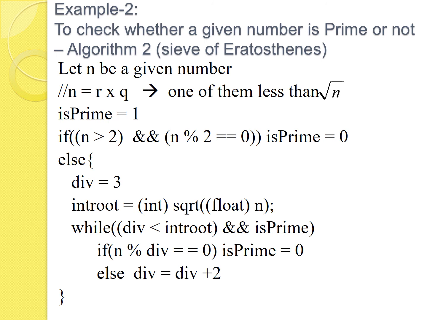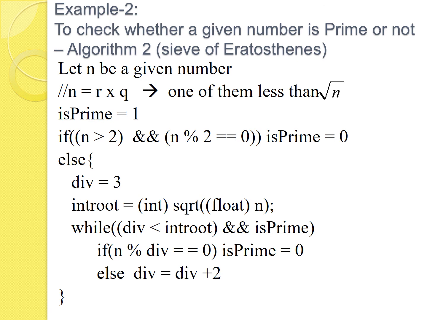So we can see from these two algorithms, algorithm 1 and algorithm 2, to find whether a given number is prime or not, algorithm 2 has reduced the number of steps in the while loop to the square root of n, rather than the steps in the while loop in algorithm 1, which is equal to n minus 1.